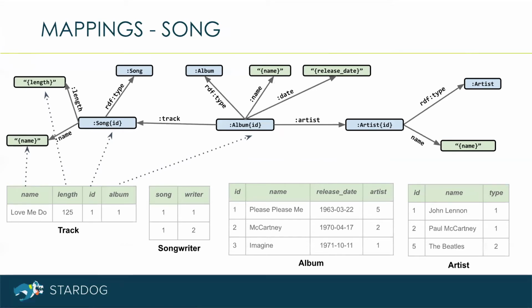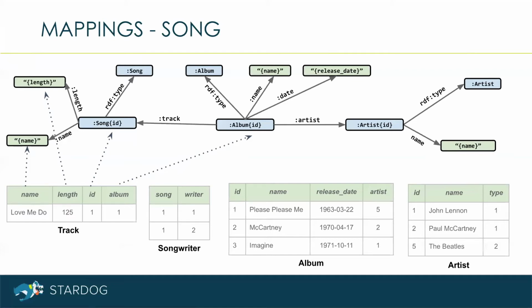So we can map the song, or the tracks in this case, which is another foreign key reference. The difference here is that in our schema, that track property goes from the album to the song and not the other way around. So we have the track that has that album foreign key, but you can see we had to specify the direction of the track predicate there when you're doing your mapping.